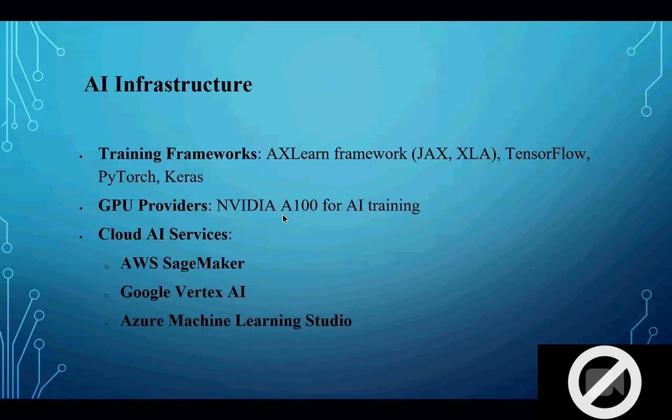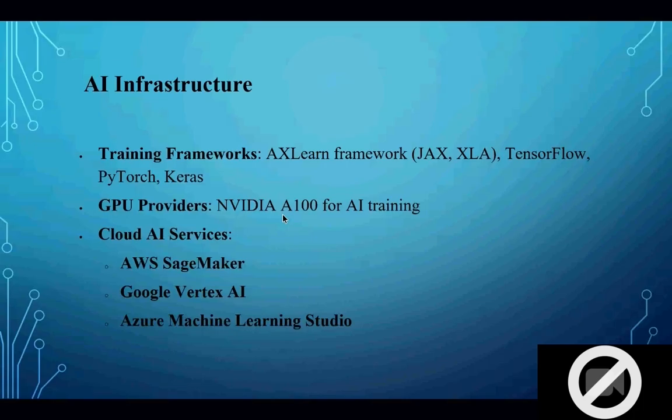2023. So AXLearn is a framework built on two different tools. One is called JAX, and it's a numerical computing library. The other one is called XLA, which stands for accelerated linear algebra.